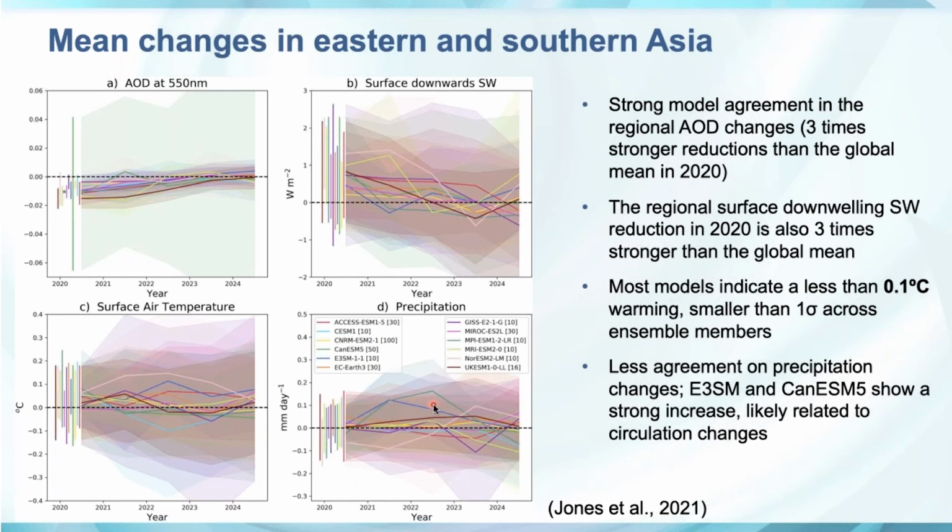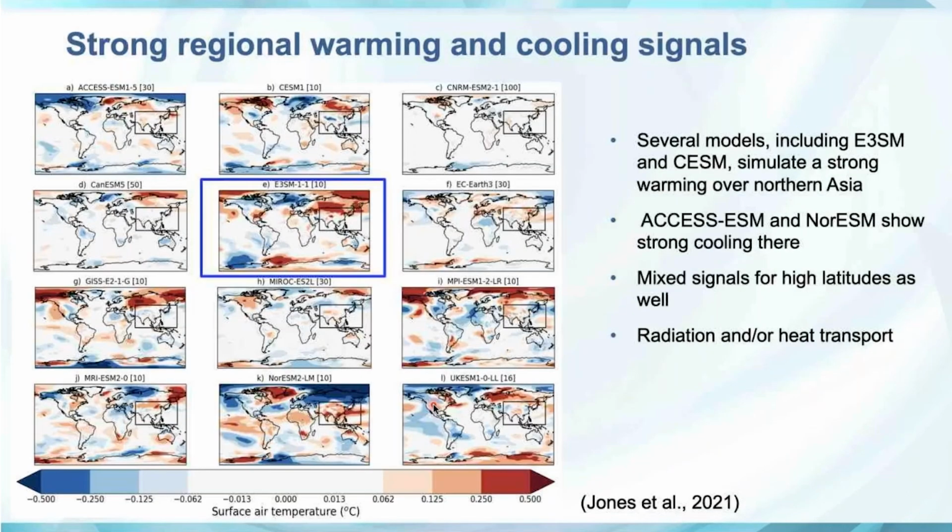It's very likely related to strong circulation changes. For the surface warming, there are indeed some very strong regional features of cooling and warming. For example, there are several models, including E3SM and CESM, that simulate very strong warming over northern Asia.